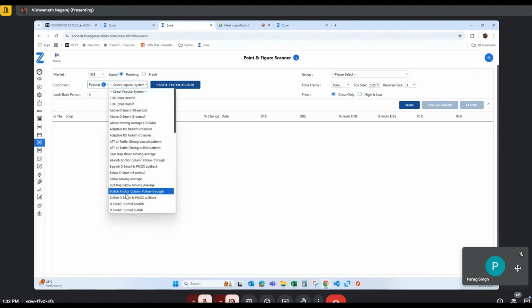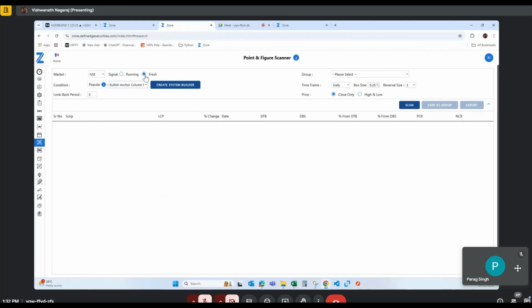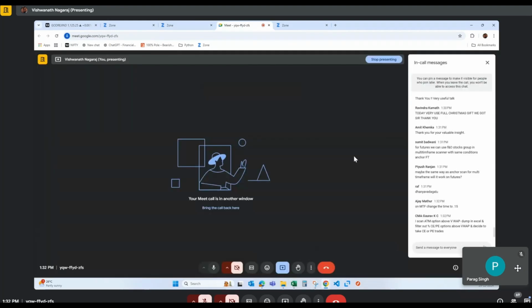I'll need to run this on. So I come as fresh. I change this to options. I change this to all options. I change this to 1 minute and 3%. Okay. Now I need this. Okay. This is my BTST.